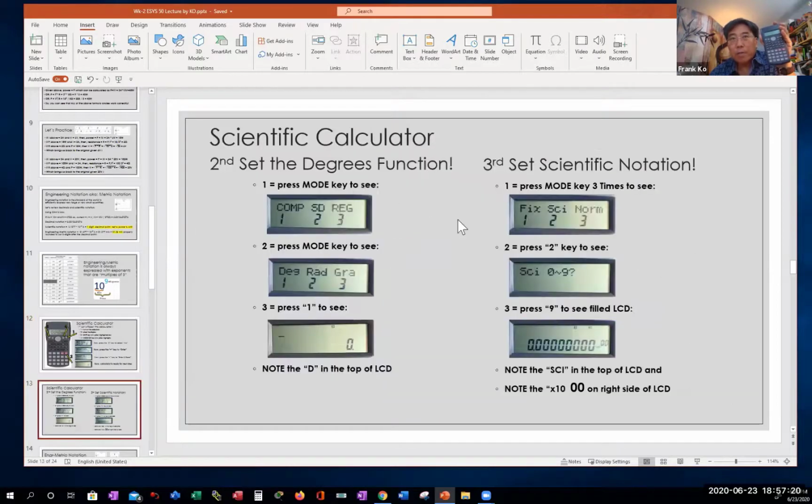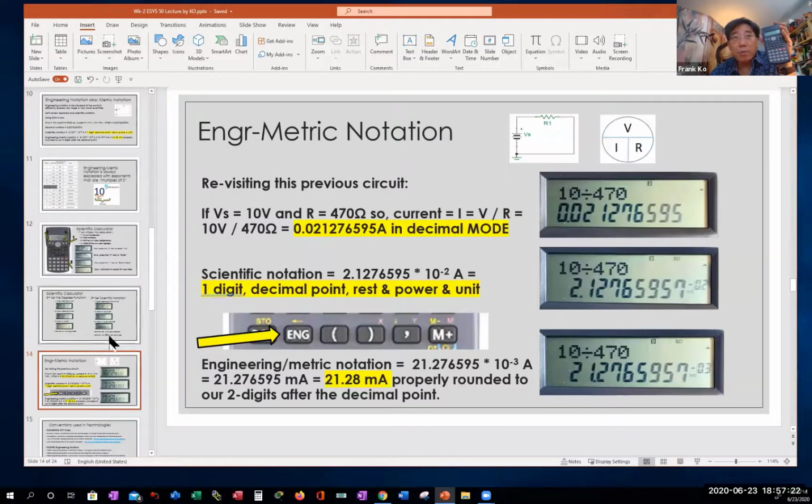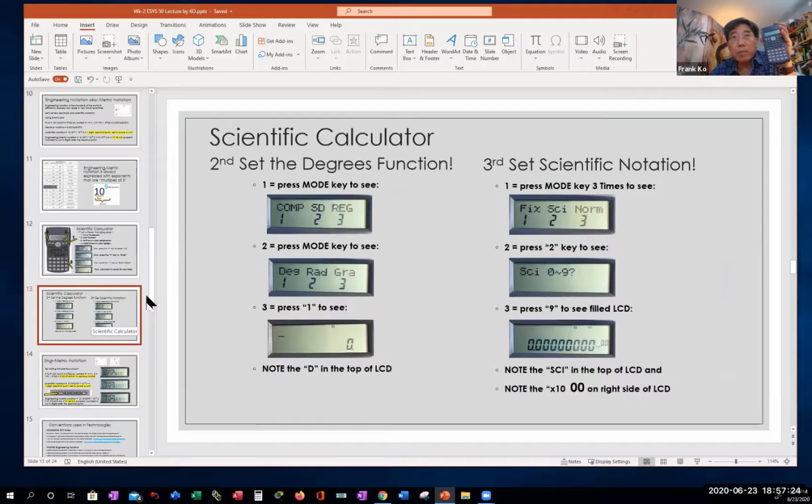Next, scientific calculator. Oops, too far. Here we go. We're now going to set this to degrees function. Your calculators can calculate in terms of degrees, radians, or grads. So at this point, we're going to be consistent and set our calculator to the degrees mode.